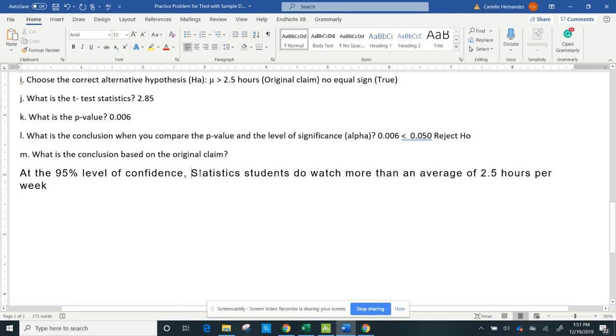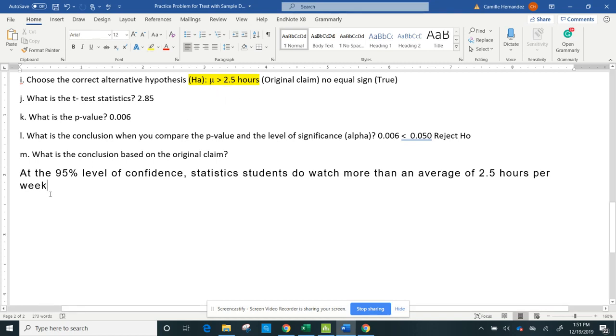For me, when I write these, when I'm doing literature, I start with either my level of confidence or my level of significance that was given to me in the original problem. Then I do the conclusion. And if you look, statistics students do watch more than an average of 2.5 hours per week. This is the exact same in English words as what this is in the alternative, comma.